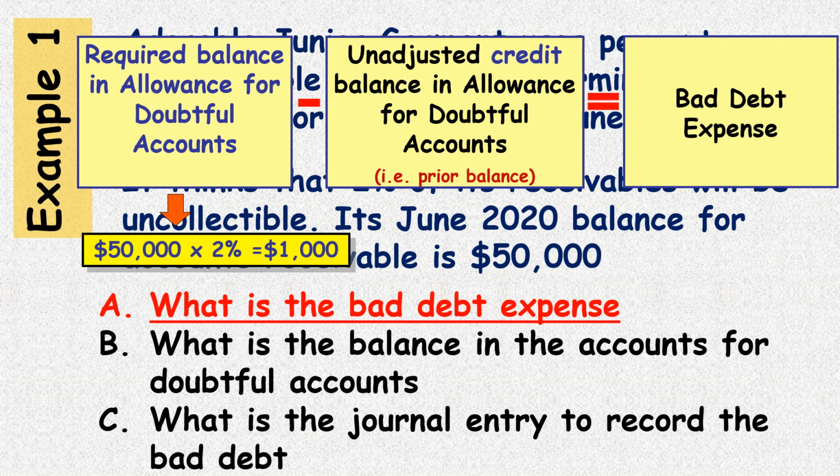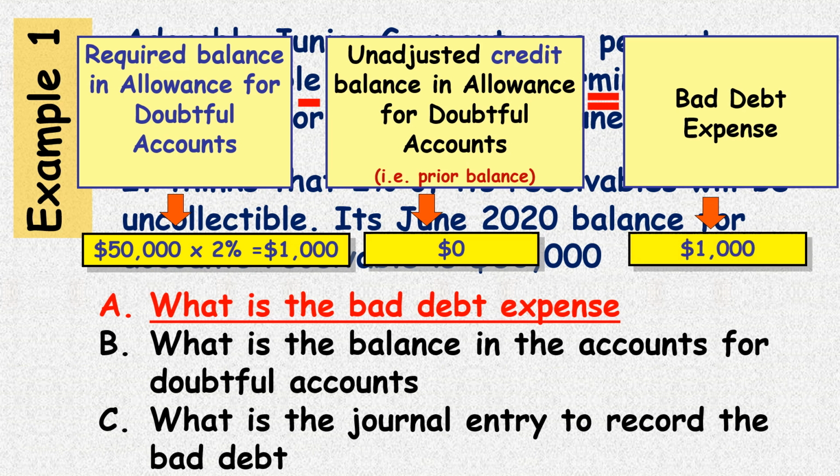We are going to compare this with the previous balance, which will be subtracted from this balance. But since it is our first month of creation of the allowance, there is no previous balance. So it's a zero, which means that our expense will be $1,000. Once we know that expense, that is our bad debt expense amount, and for that we need to make a journal entry.